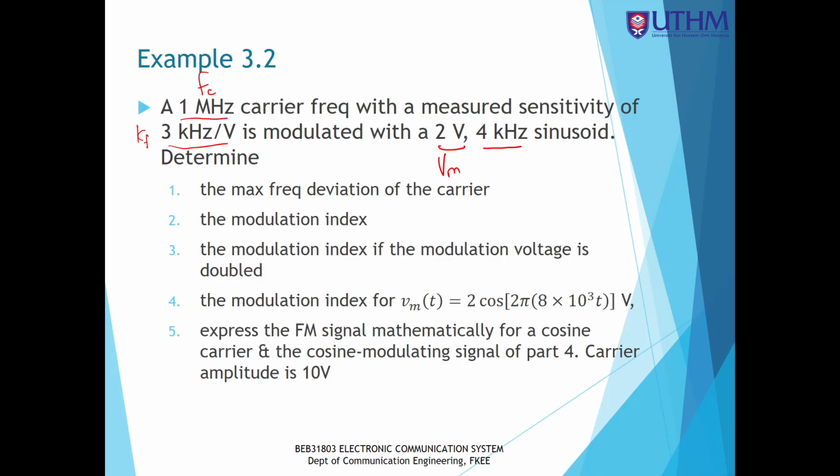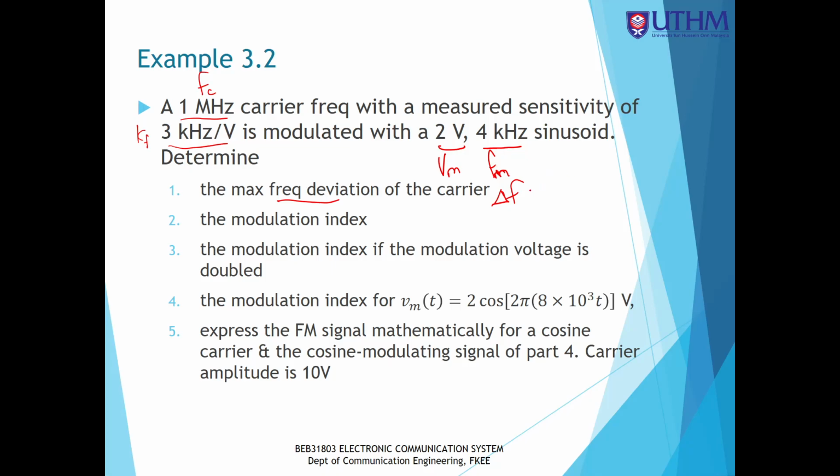This is FM, the modulating signal frequency. So determine the maximum frequency deviation of the carrier. The question asks you to find delta F.